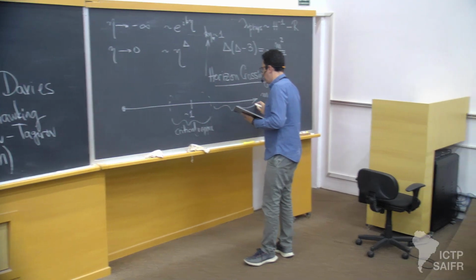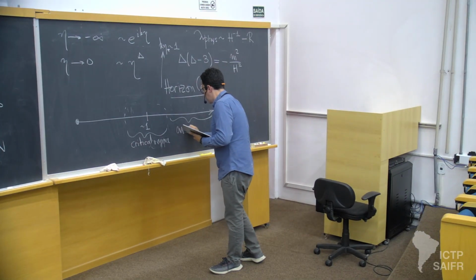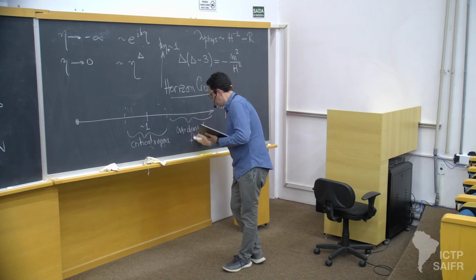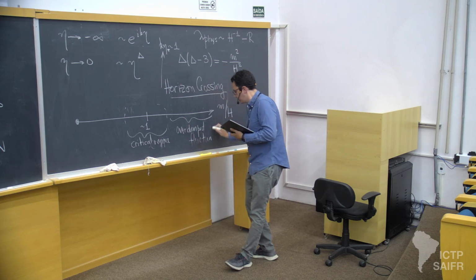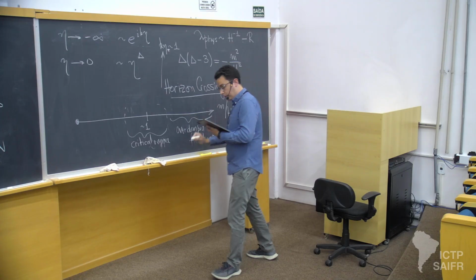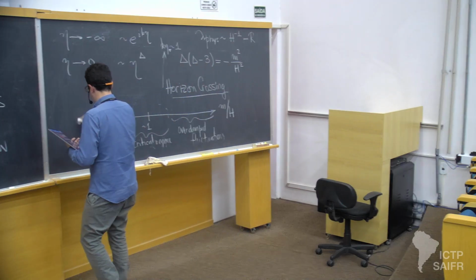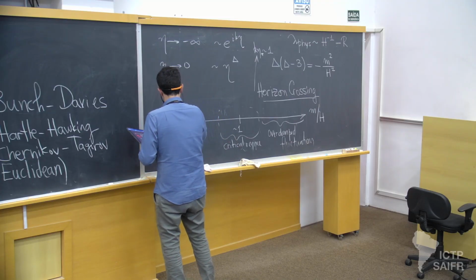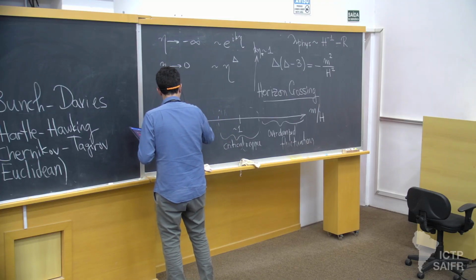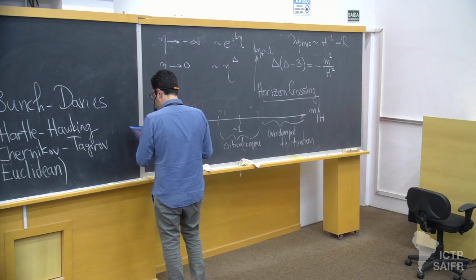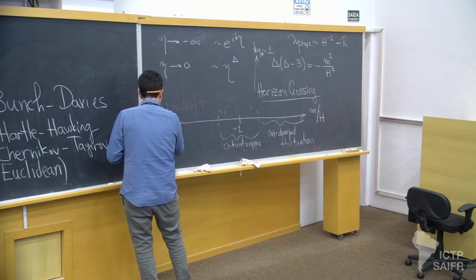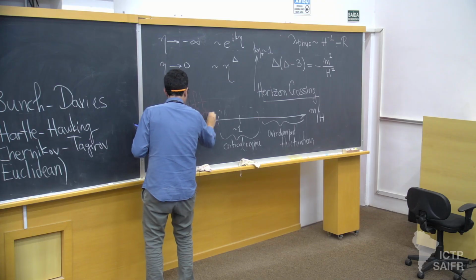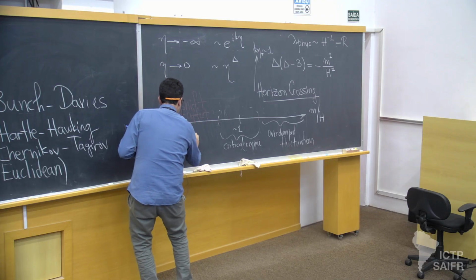Then here you have just sort of over-damped fluctuations. And here, when you're close to 0, the redshift doesn't affect fluctuations.